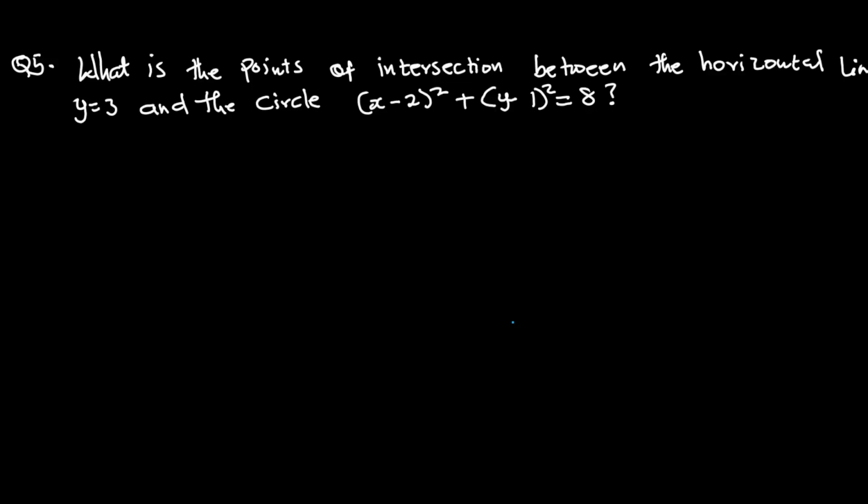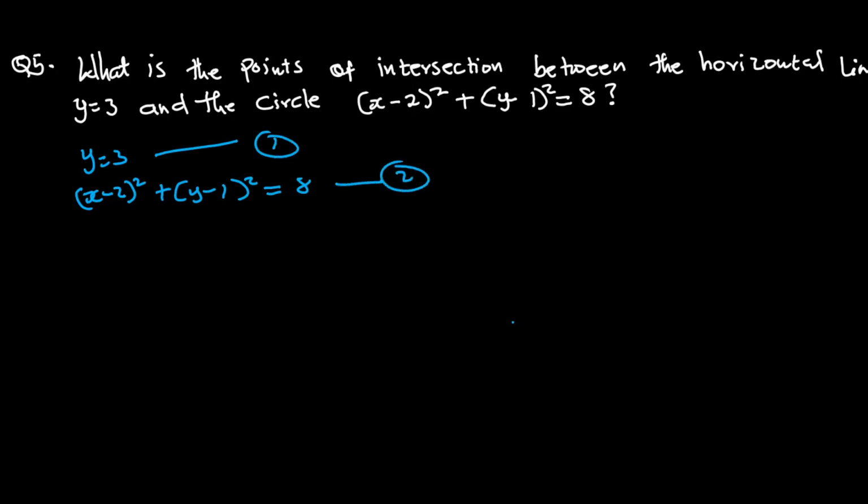So this is what we do. We are given y equal to 3, and then we also have another equation, that is (x minus 2) squared plus (y minus 1) squared equal to 8. So we substitute equation 1 into 2.